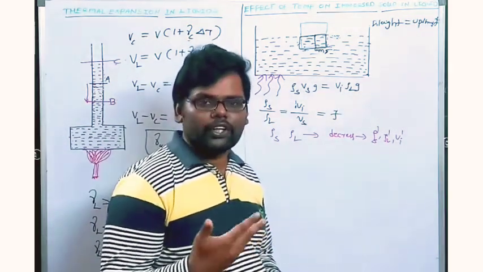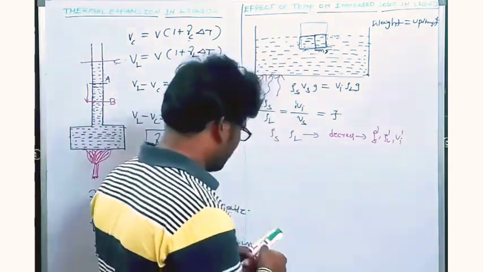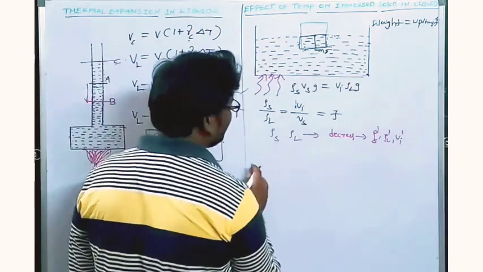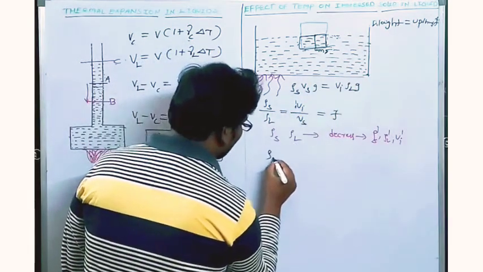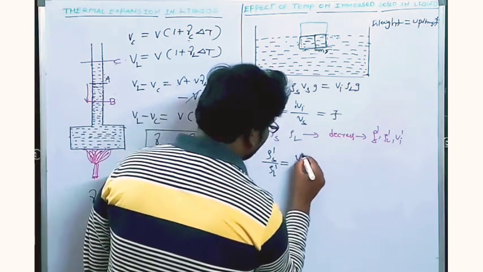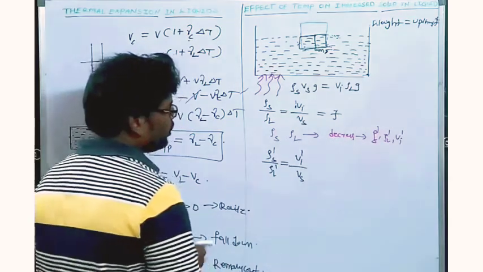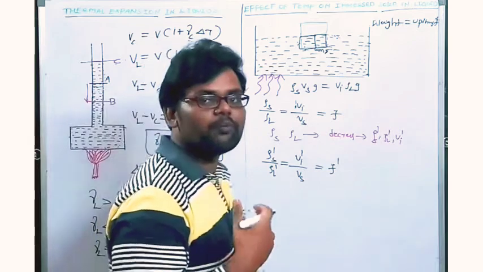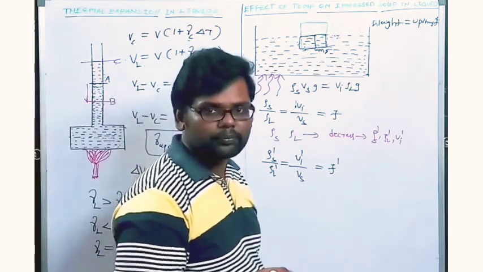Right. So if you want to find the fraction of immersed solid in a liquid after giving the temperature, I am writing this based on weight equals upthrust. So rho s dash by rho l dash is equal to vi dash by vs, which is equal to f dash, the fraction of immersed solid in the liquid after giving the temperature to the liquid, isn't it?